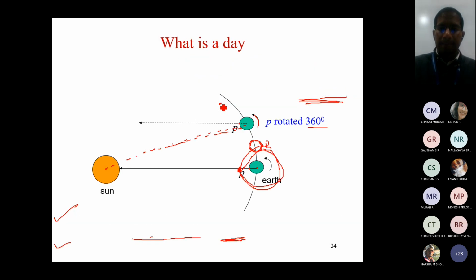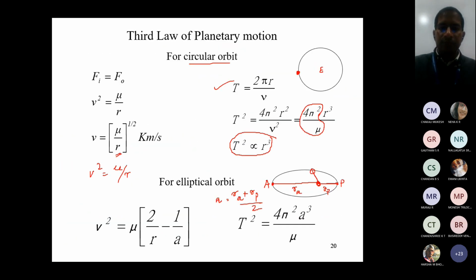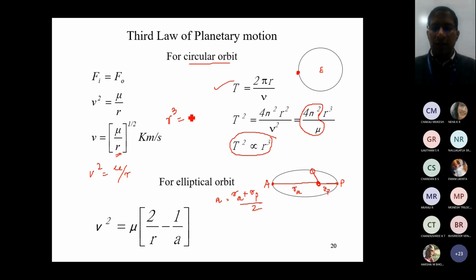I have to go back. Yeah, here, remember this: T square is equal to 4 pi square r cube divided by mu. From this, I can write r cube is equal to mu times T square divided by 4 pi square, or r is equal to the cube root of mu T square divided by 4 pi square.